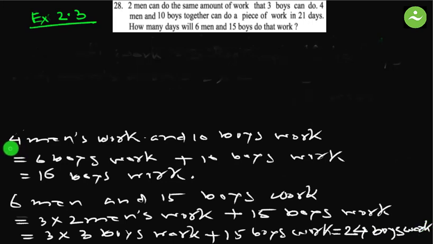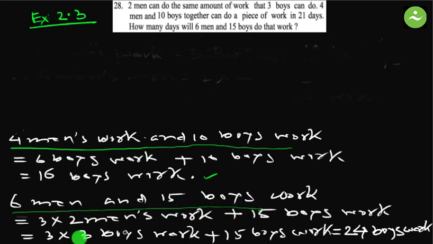As we found out, 4 men's work and 10 boys' work means 16 boys' work. Again, 6 men and 15 boys' work means 24 boys' work.